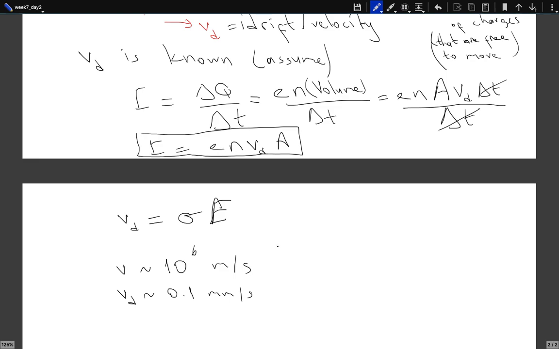So if we say that the drift velocity is proportional to the electric field, the current will be just E times N times the drift velocity. Now let me not call this sigma, let me call this some constant alpha. Drift velocity is just alpha E, times A. Or this is E times N times alpha times the electric field, which is the potential difference divided by the length of the object.